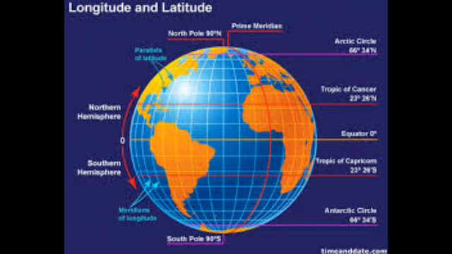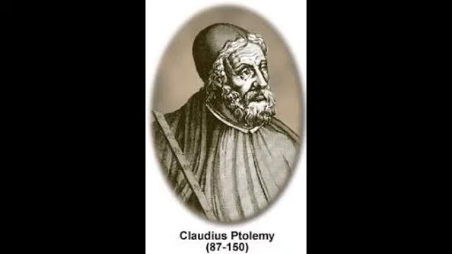Preparing these lines accurately was not an easy task. The process of preparing latitude and longitude lines took almost 2000 years to draw the correct lines. Okay. Next, one of the famous Greek scholars named Claudius Ptolemy.